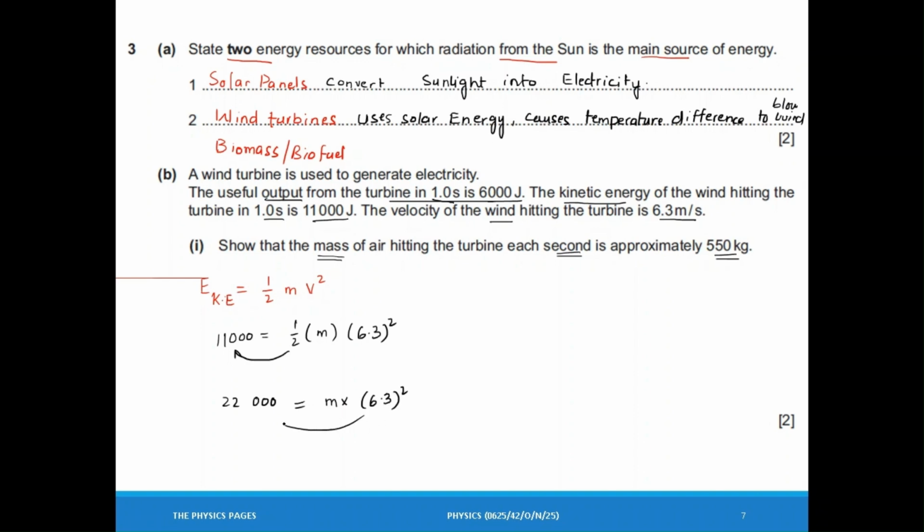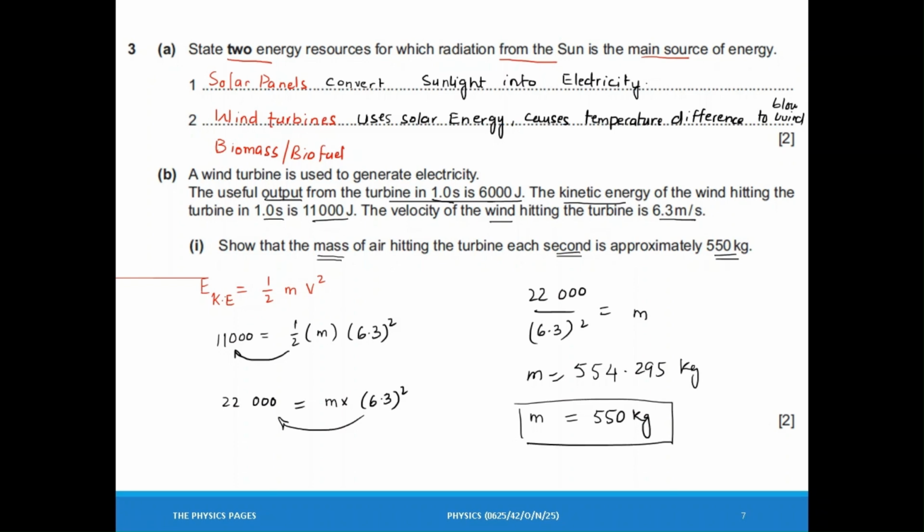Now I will move this 6.3 square to the other side. It will change into 22,000 divided by 6.3 square is equal to mass, 554.295 kilogram. Converting into two significant figures, 554 can be rounded to 550 kilogram. That is our desired answer.